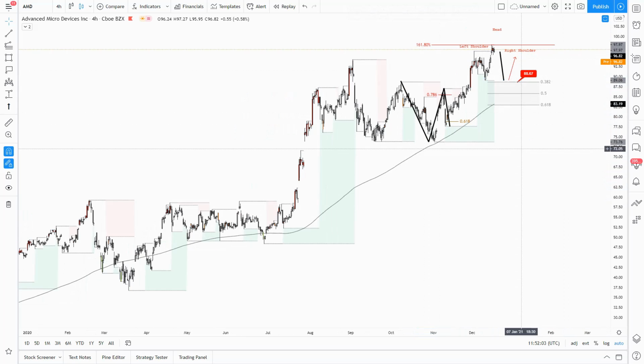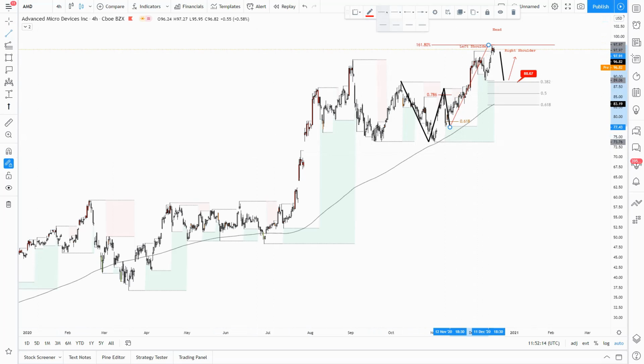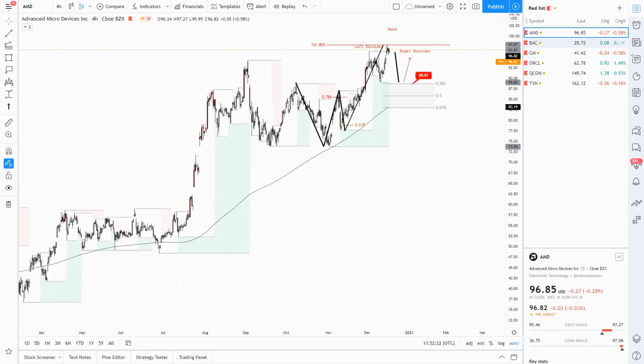Okay, so for now we have kind of a bearish crab pattern. Actually, we have kind of a deep crab pattern printed here. So I'm still waiting for a retracement for AMD.